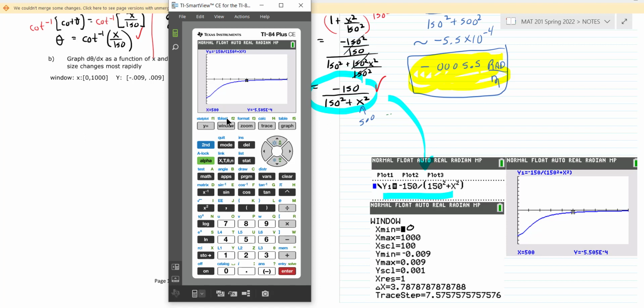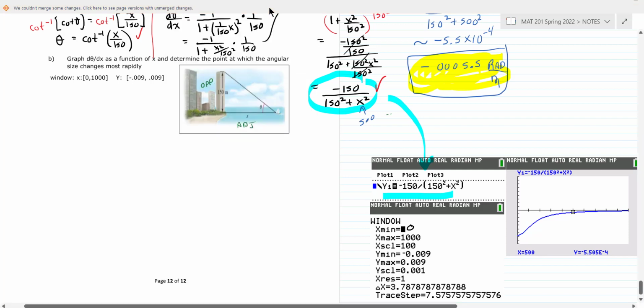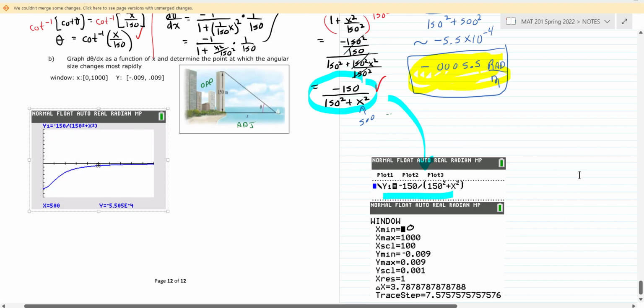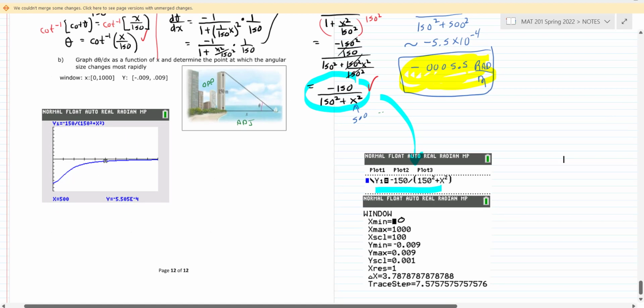So this is really telling you how the angle is changing as you get closer and closer to that skyscraper. So basically what I want you to do is sketch that out on your calculator, and that's a good way to check that you're correct.